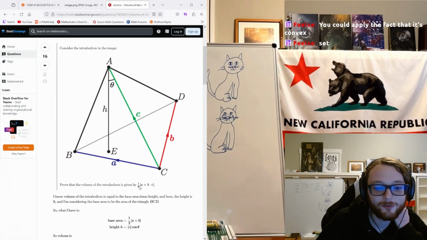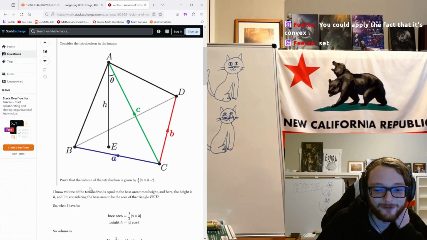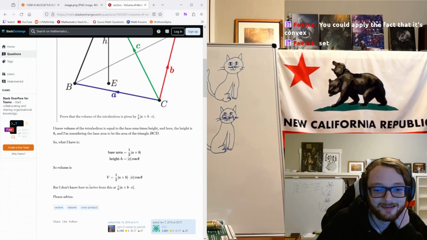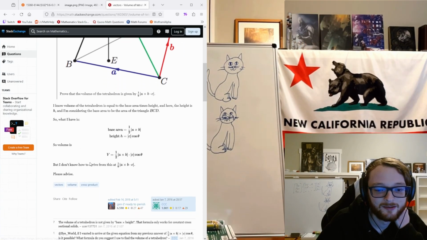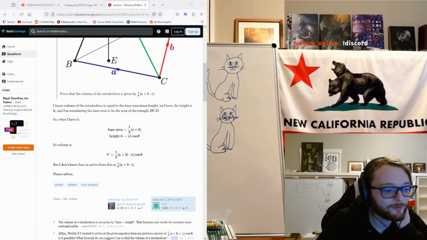One sixth A cross B dot C. That's the formula. Does it matter which one you use for A, B, and C? Okay, yeah, so that's the same formula there.